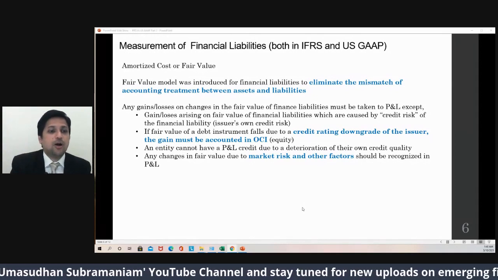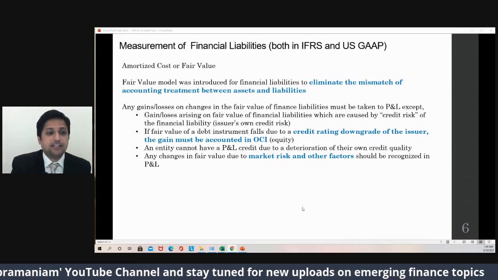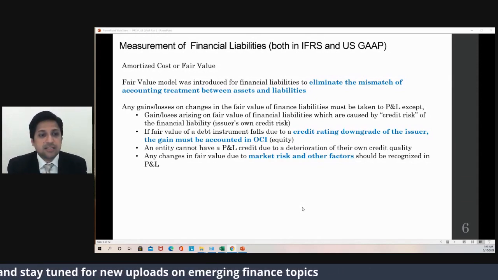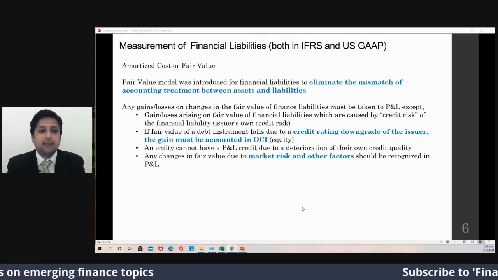The fair value option for financial liabilities was added primarily to reduce the accounting mismatch between assets and liabilities.